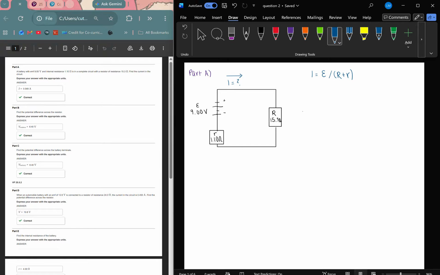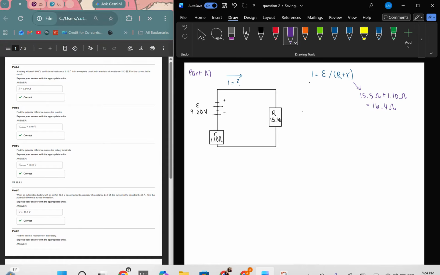So let's do that. I'm just gonna draw an area here. That's gonna give 15.3 ohms plus 1.10 ohms, and that's gonna give me 16.4 ohms. So the total resistance of the circuit is 16.4 ohms. And then I'm going to divide.